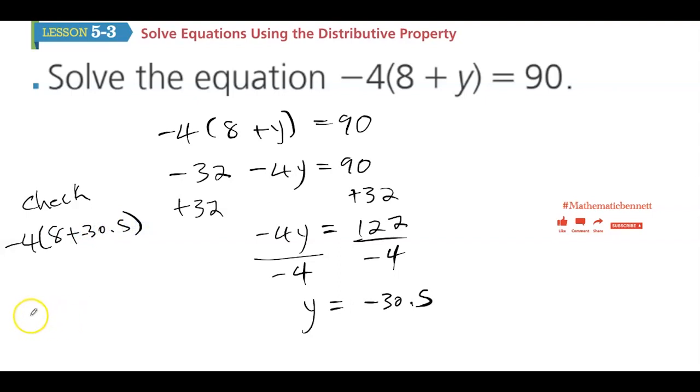When we add 8 to negative 30.5, we get negative 22.5. And when we multiply negative 22.5 by negative 4, we see that we get positive 90. So we know that our answer is correct.